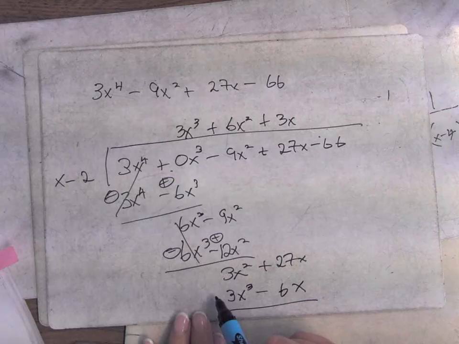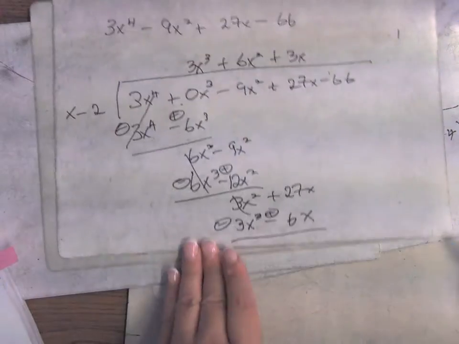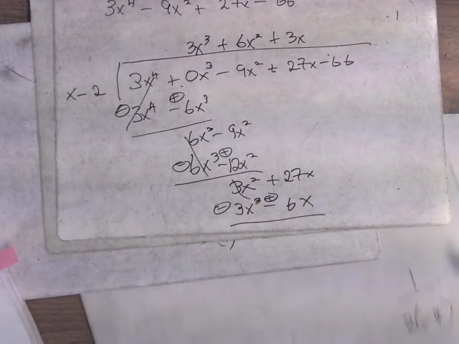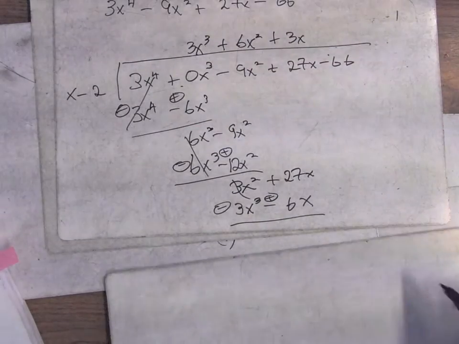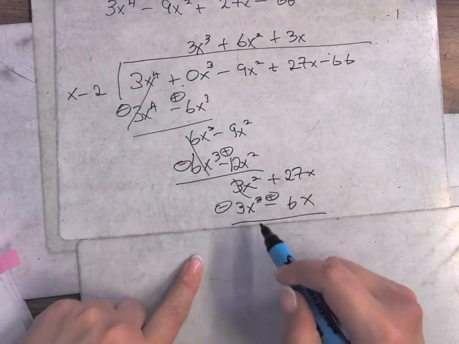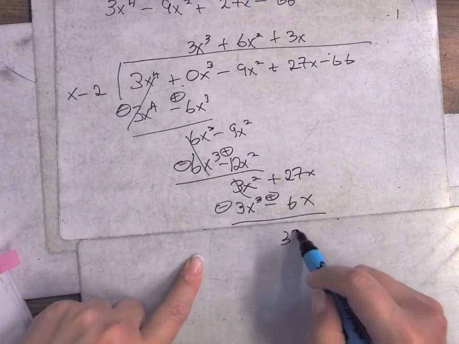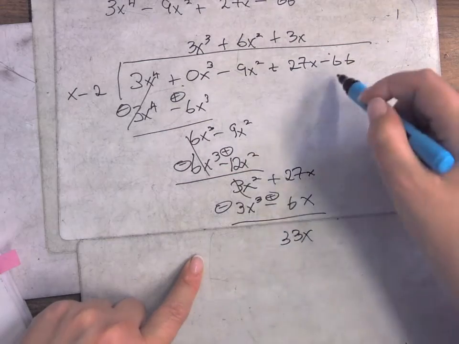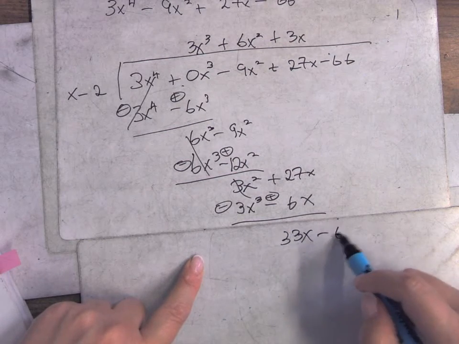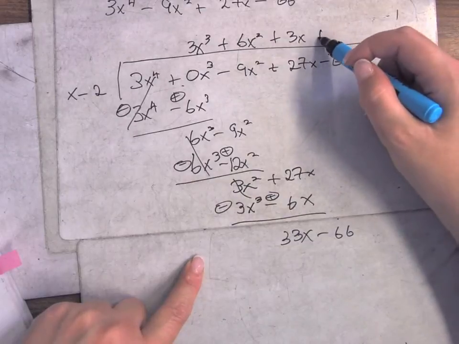We want to subtract, so we change the signs. When you put those together, you get 33x. And then you bring down your minus 66. And then x into 33x goes plus 33 times.